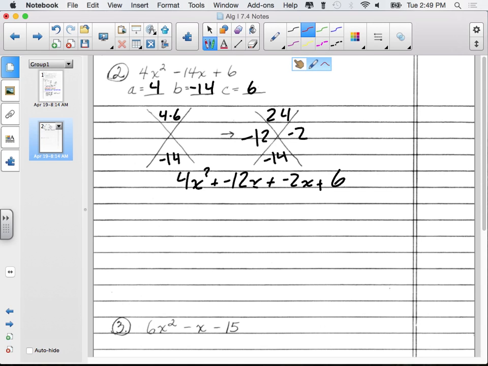Now we have it rewritten, now we can just group up our terms into 2 groups. So 4x squared plus negative 12x is our first one. Negative 2x plus 6 becomes our second one. Someone tell me, what's the greatest common factor of that first group?